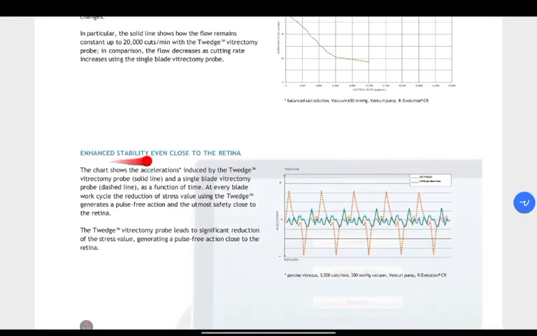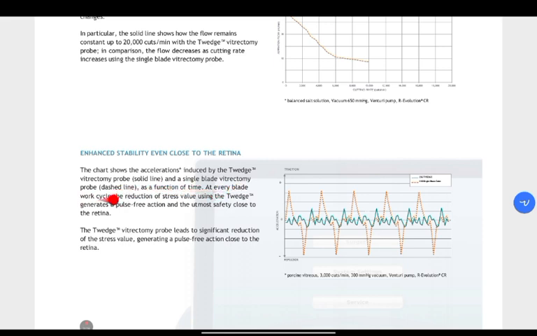Next we have enhanced stability even close to retina. The chart shows the accelerations induced by the twitch vitrectomy probe, solid line, and the single blade vitrectomy probe, dashed line, as a function of time.